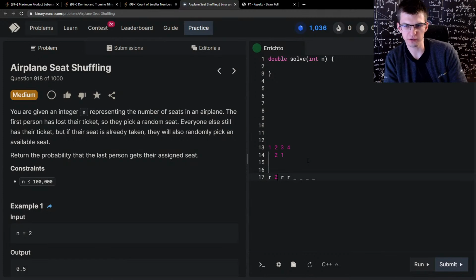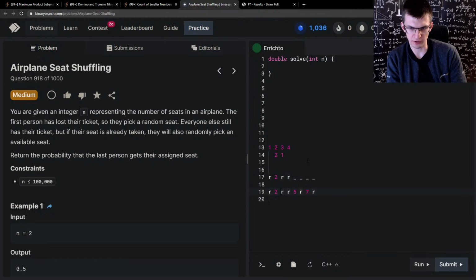In particular, if the 4th person sat down on a random seat and it turned out to be seat 1, then this is like a proper cycle, and everybody else will be on proper seats. Or maybe the seat of 4 was taken, so now 4 sits on a random place. It will be one of those, and that's it. Because apparently 3 sat down on the position of 4. At the end, if I write down the sequence like that, it means exactly that 1 sat down on the position of 3, 3 on the position of 4, 4 on 6, 6 on 8, 8 on 1.